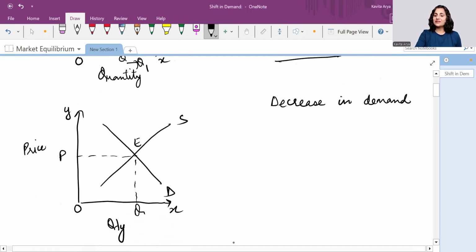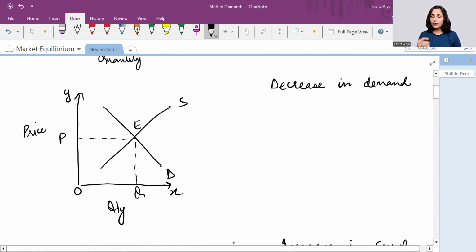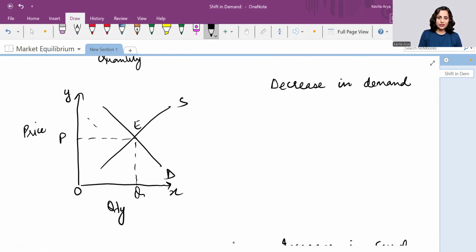Now let's talk about decrease in demand. So what would it look like? It would be shown with the help of a leftward shifting demand curve, and this is it. Now the new demand curve is this dotted one, but the supply curve remains the same. So what is the impact?